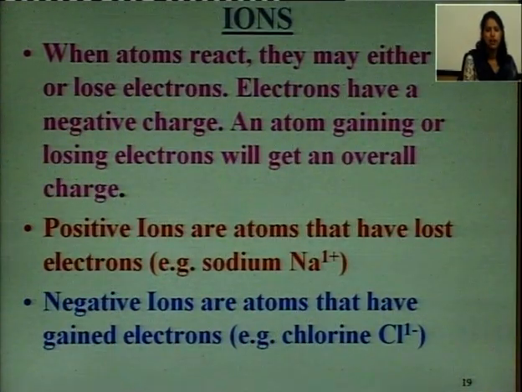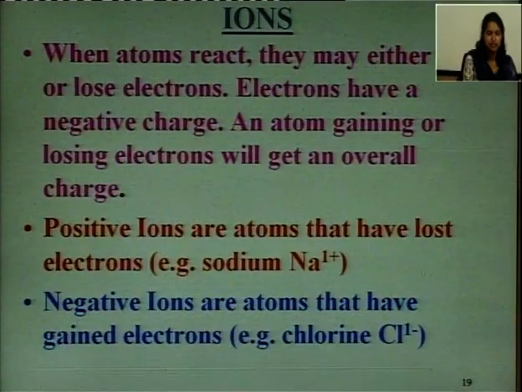When the atom is losing electrons, it gains positive charge, and if it gains electrons, it gets negative charge. So, I am going to discuss here what positive ions are.